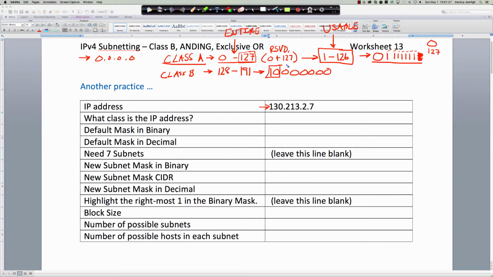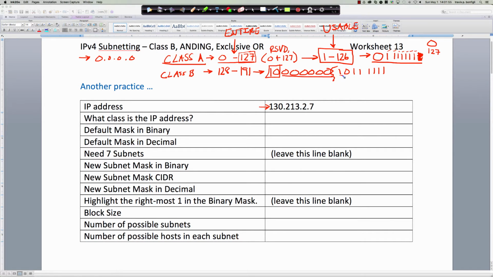And then if we filled in the remaining bits here, those 6 binary bits, you would have 1, 0, and then 1, 1, 1, 1.